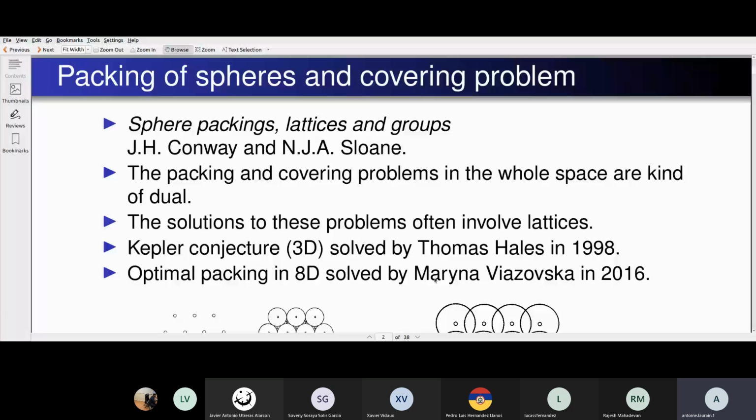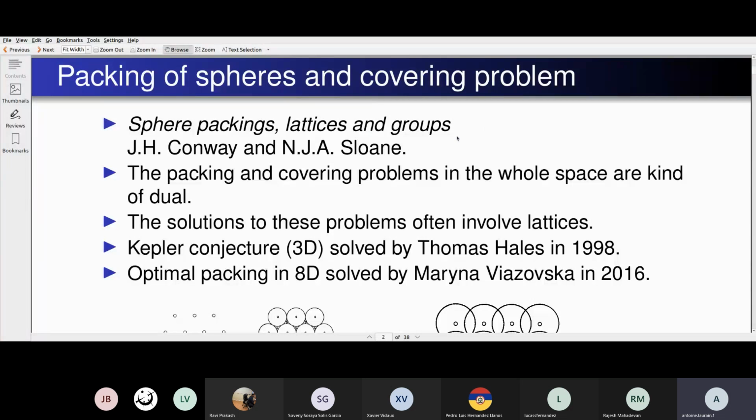The famous solutions to these problems are very old, like 300 to 400 years old. For instance, there was the conjecture of Kepler for the best packing in 3D, this pyramidal packing of oranges, which was solved around the year 2000 by Thomas Hales.